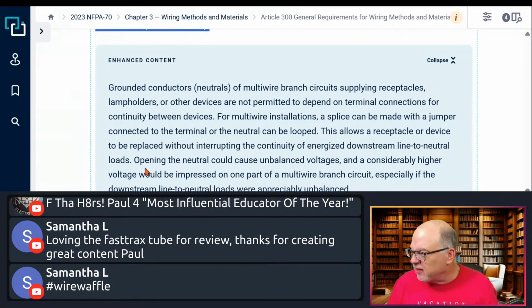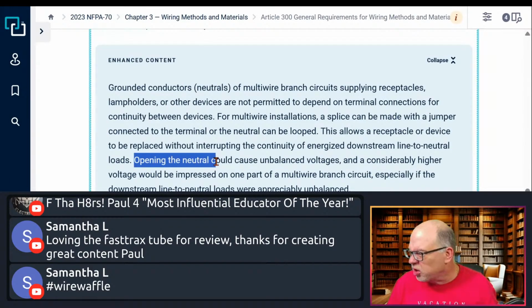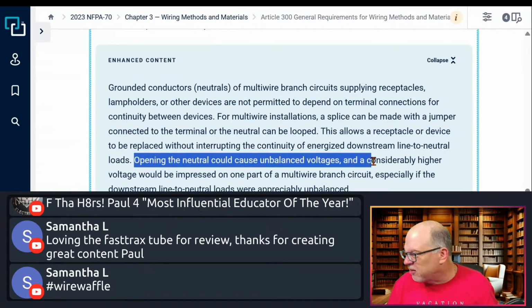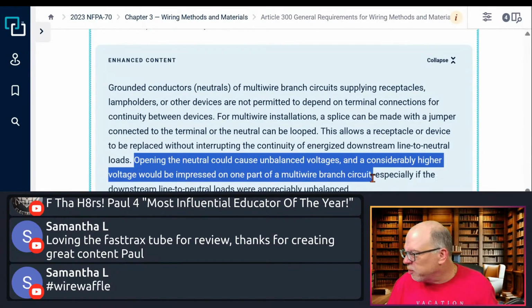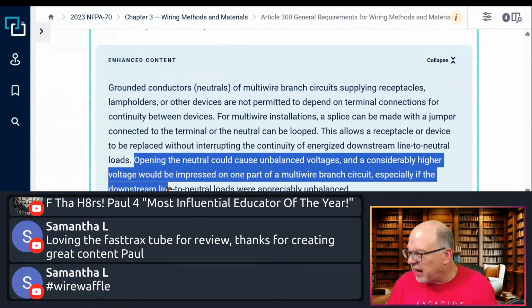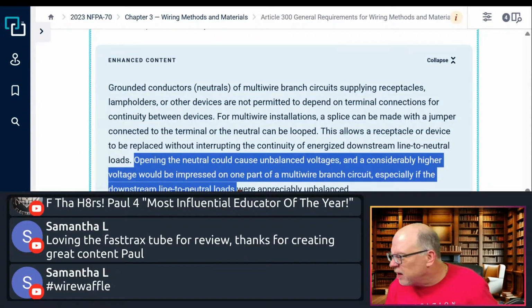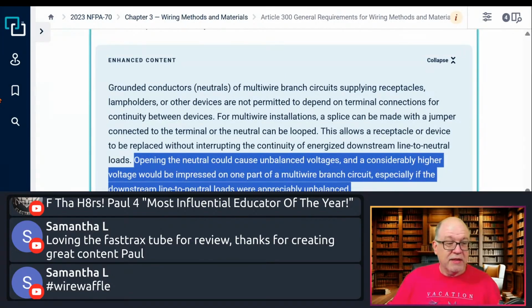Why? Because it says right here, opening the neutral could cause unbalanced voltages, and a considerably higher voltage would be impressed on one part of the multi-wire branch circuit, especially if the downstream line to neutral loads were, I guess, appreciably unbalanced, right?